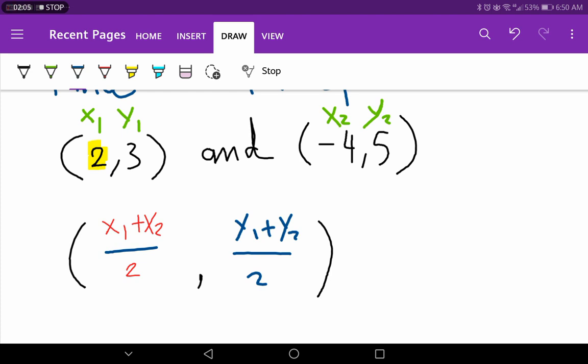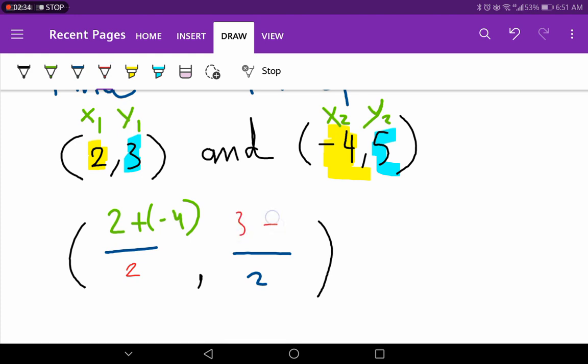Now start. What's the x part? I have to add them. I know you know. So this with this, I'll write them here: 2 plus negative 4, I mean. You have to pay attention to the sign. And the second part here is coming from the y's, which is 3 and 5. So it will be 3 plus 5.